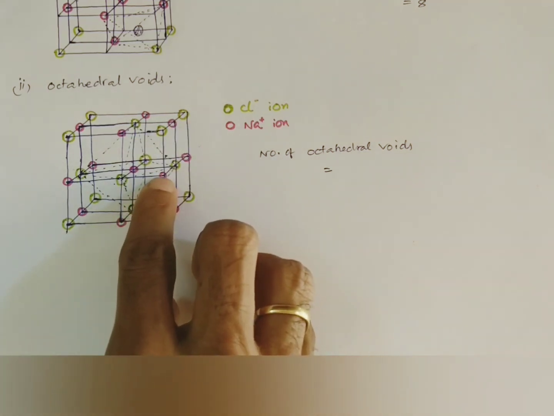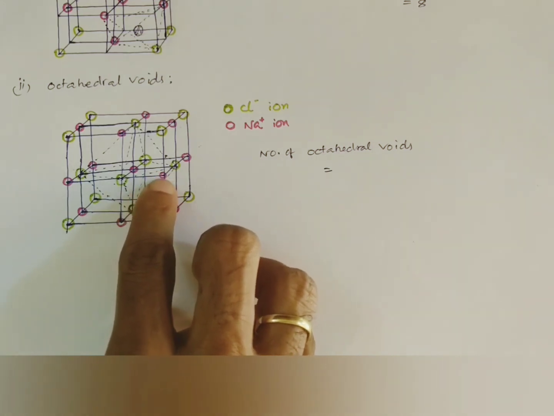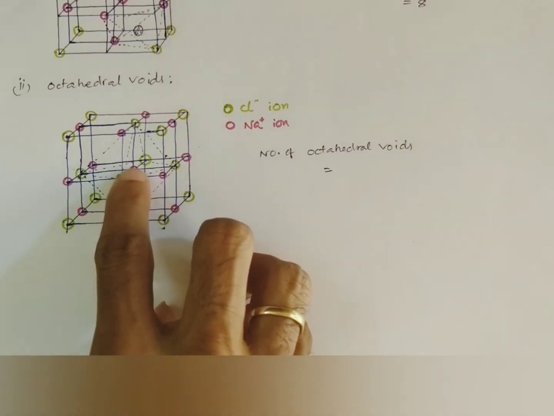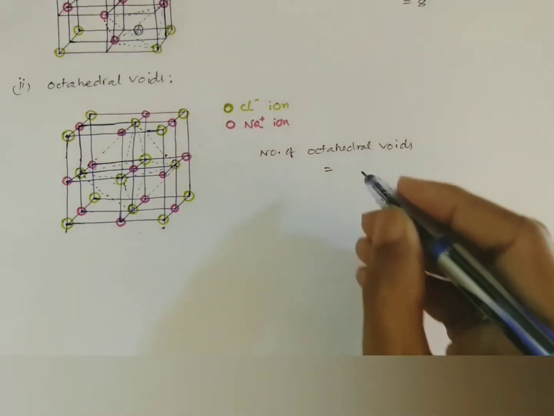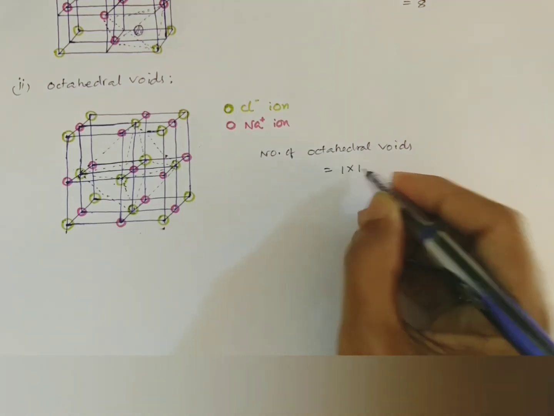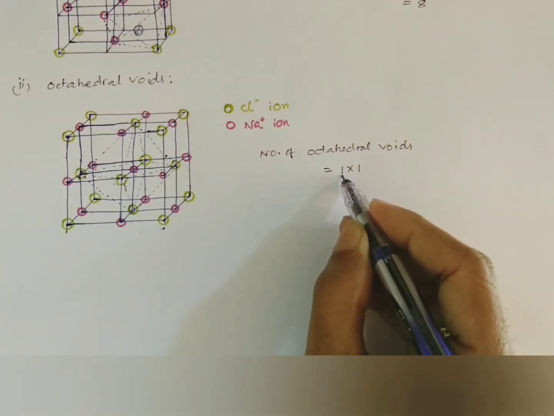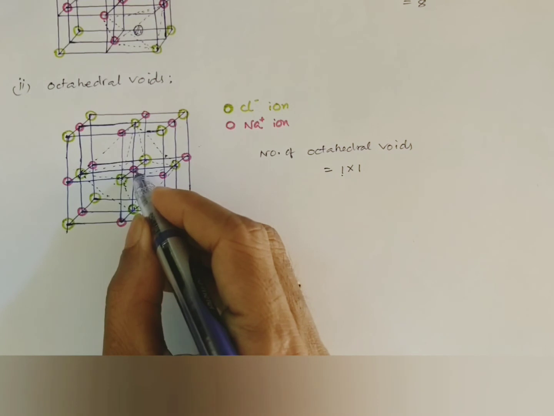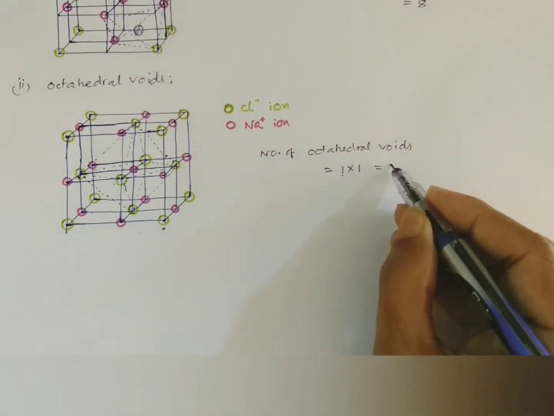So we have to calculate the number of octahedral voids on the basis of their position. The one in the body centered position is not shared, so the contribution becomes 1. How many body centered positions are there? 1. And the contribution to the unit cell is 1 since it is not shared. So 1 into 1 is equal to 1.